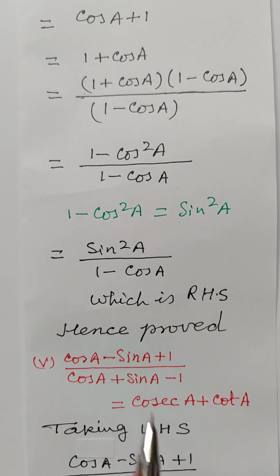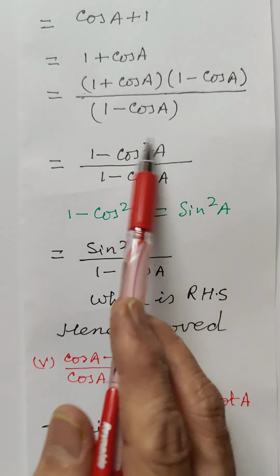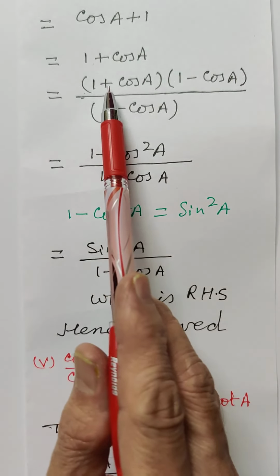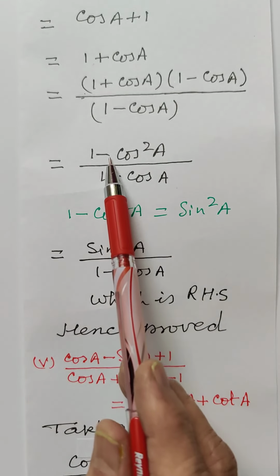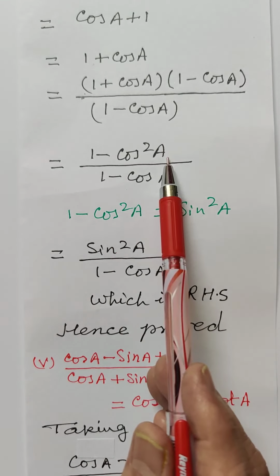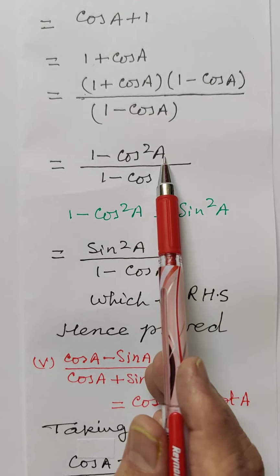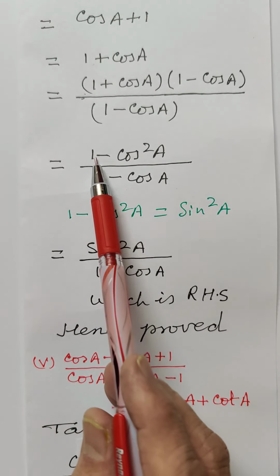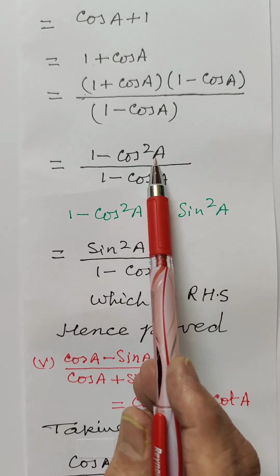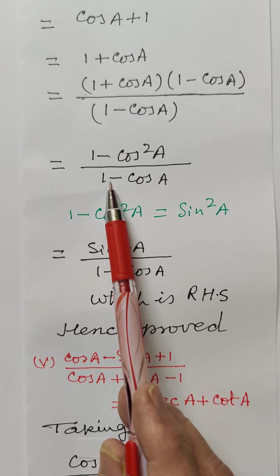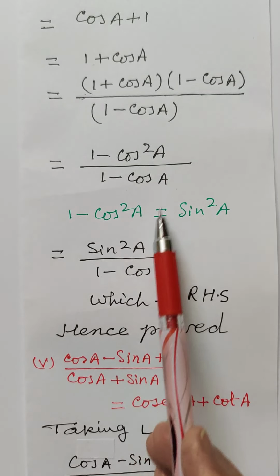Now that is equal to, numerator will become 1 minus cos square A and denominator will become 1 minus cos A.